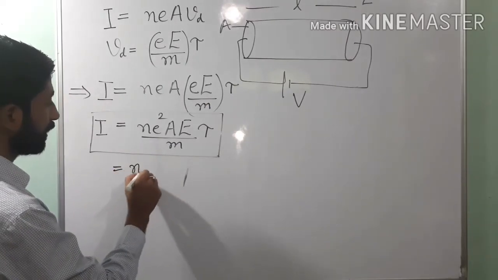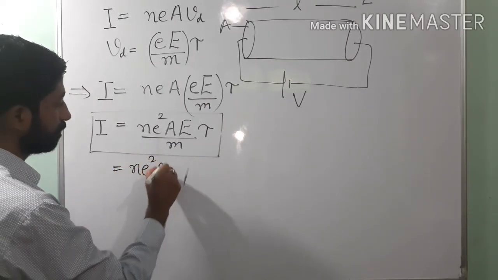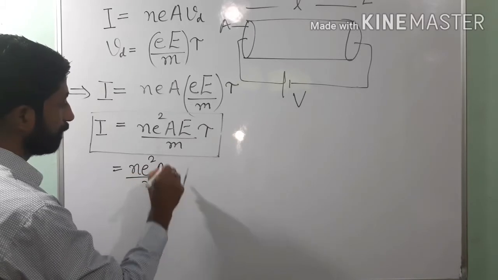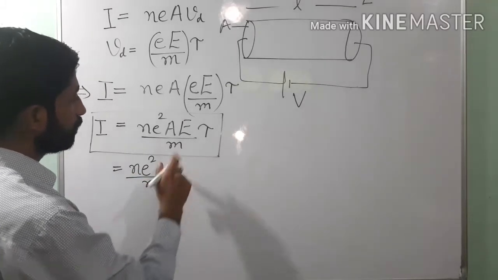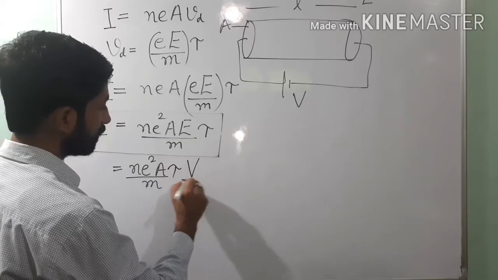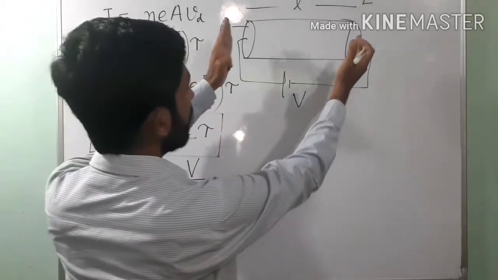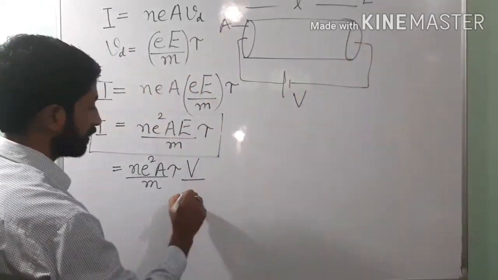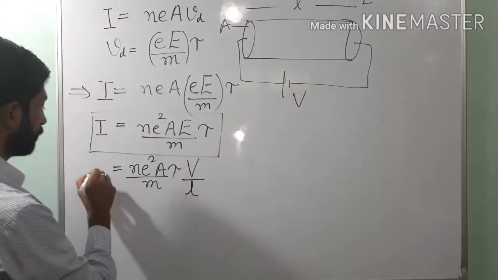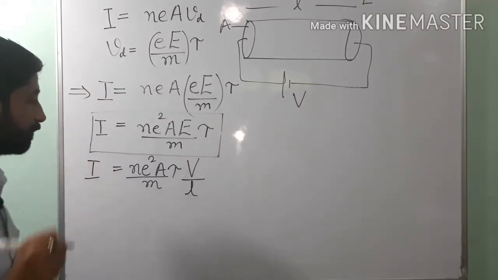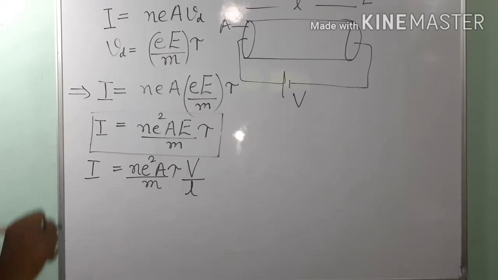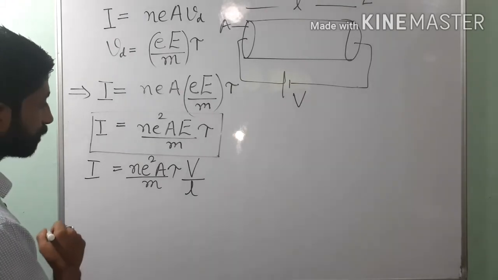So E can be written as the voltage developed across the ends of the conductor divided by L. So this is going to be a new relation. See how.